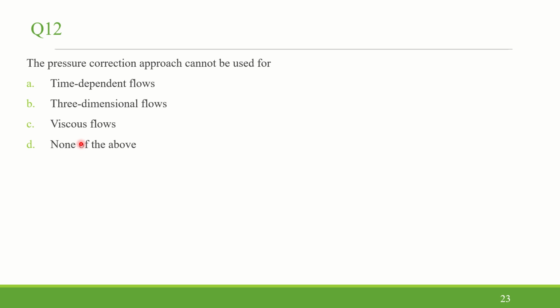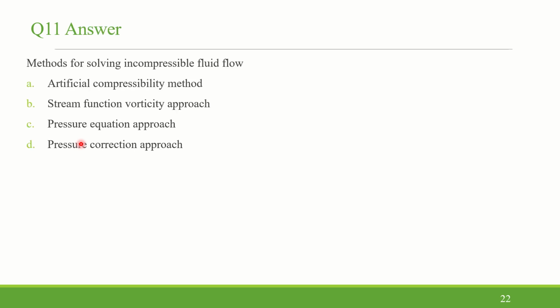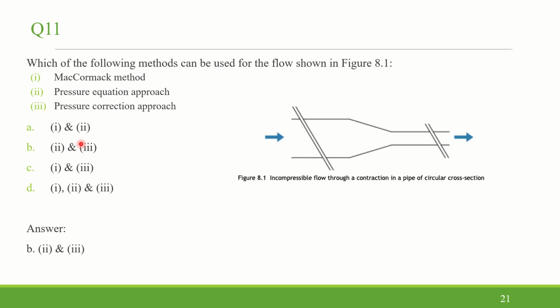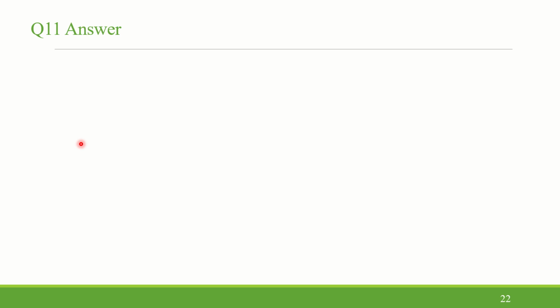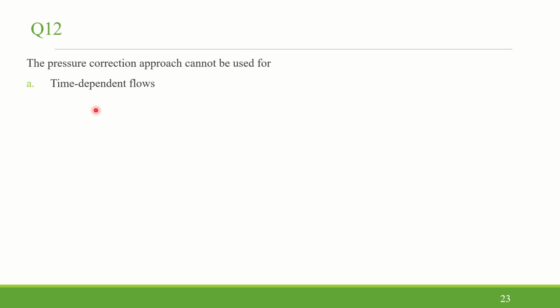So here again we are asked about when to use pressure correction and when it cannot be used. Option A, time dependent flows.